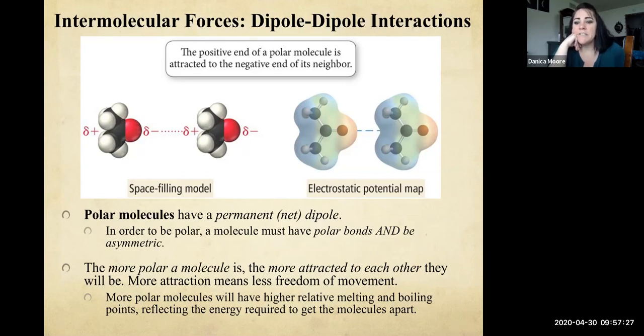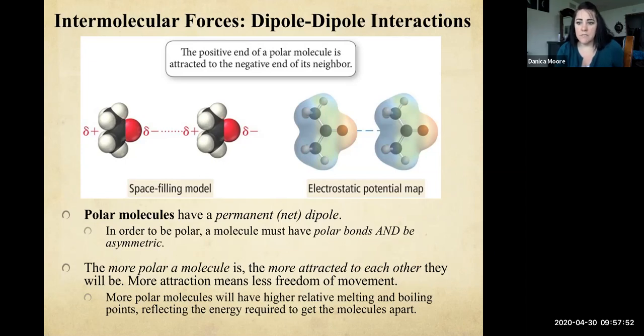So for example, if you were to leave a bottle of vodka open versus a bottle of water, which one would evaporate more quickly? The vodka. The vodka, yeah, unfortunately. But the reason for that is because water has stronger intermolecular forces than the alcohol does, right?